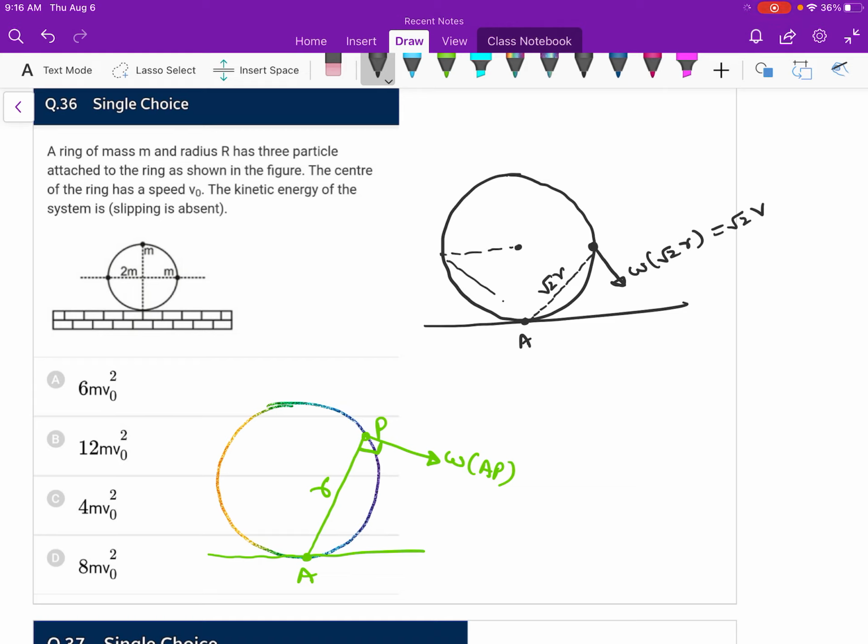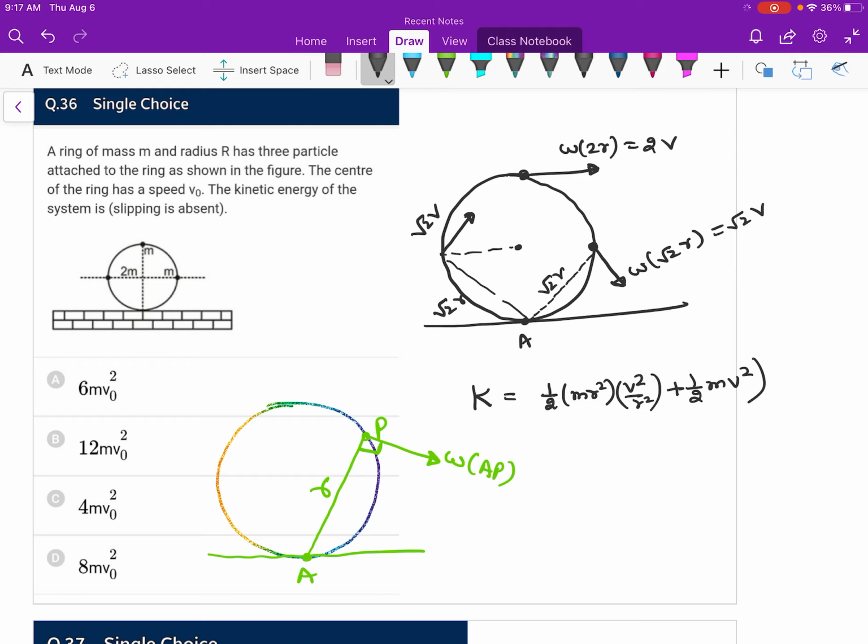Similarly at this point, again root 2r, so this point also has speed root 2v, and the top point has distance 2r, so this point has speed omega times 2r, that is 2v. So kinetic energy of the complete system, K, is kinetic energy of the ring alone, half I_CM omega square plus half m V_CM square. This is kinetic energy of the ring plus kinetic energy of these three masses.